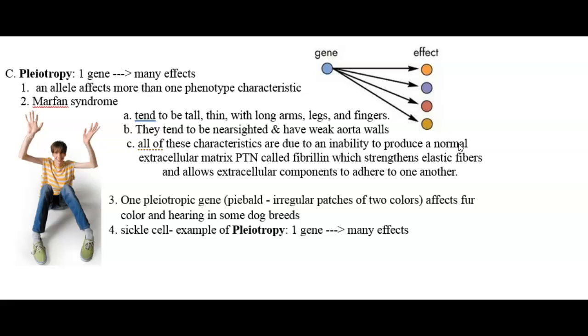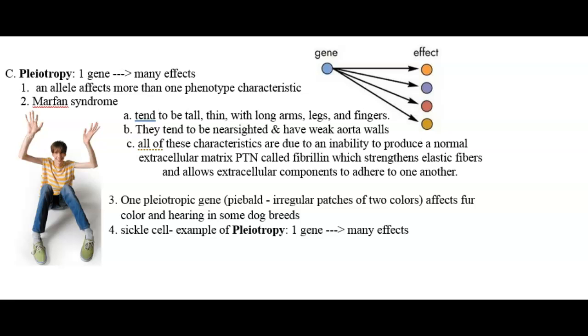People tend to be tall, thin, with long arms, legs, and fingers, nearsighted, weak aorta walls, and all because of this. All these characteristics are due to an inability to produce a normal extracellular matrix protein called fibrillin. Extra means outside, which strengthens elastic fibers and allows extracellular components to adhere to one another.